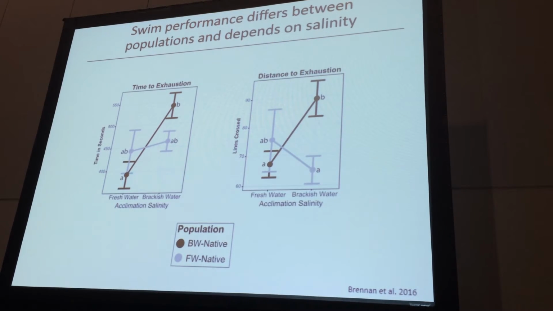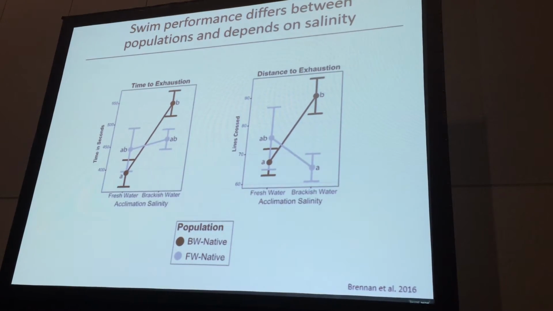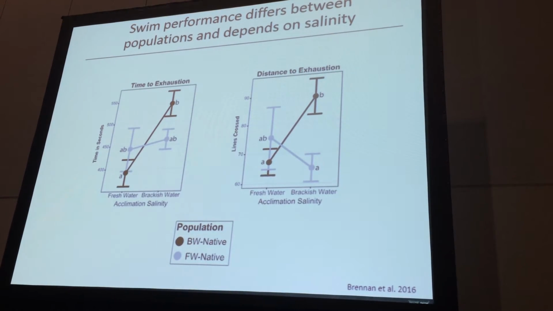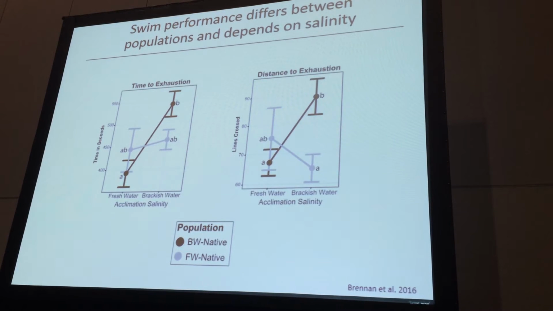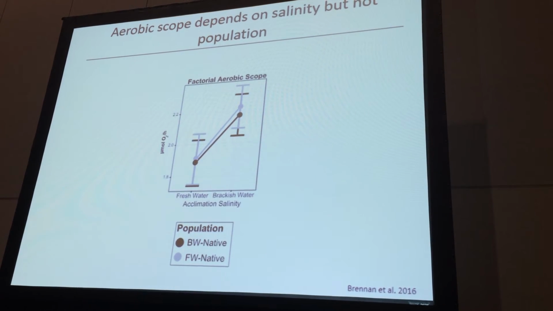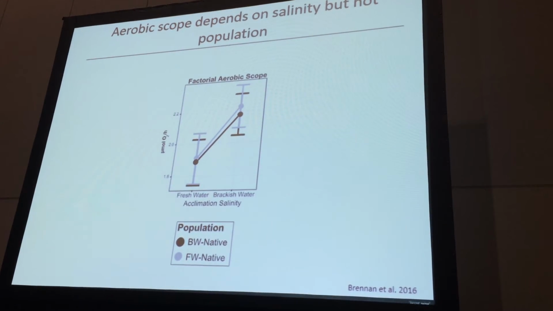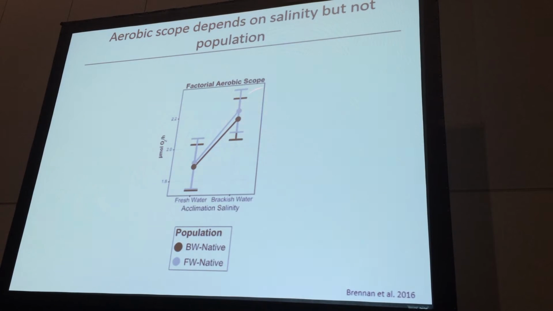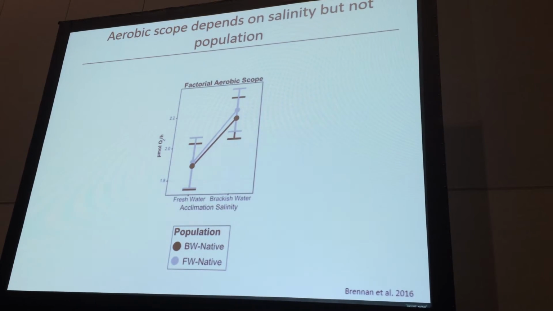So we might expect then that our aerobic scope measure should mirror this performance, right? If you can swim to a certain degree, it would make sense that your metabolic performance would match it. However, that's not the case. Instead, we see poor performance in freshwater, so lower aerobic scope for both populations relative to a brackish water treatment.